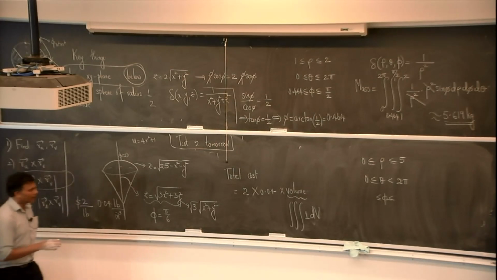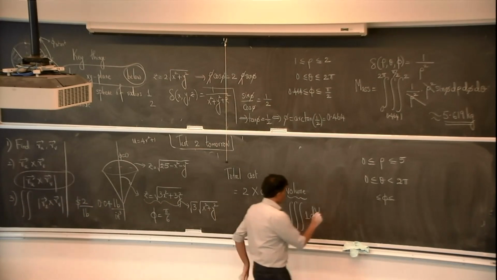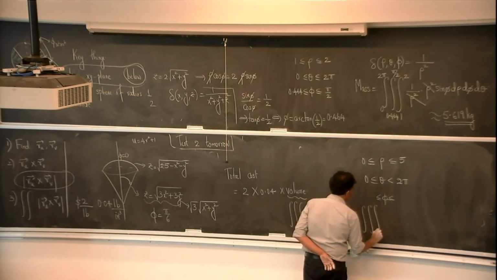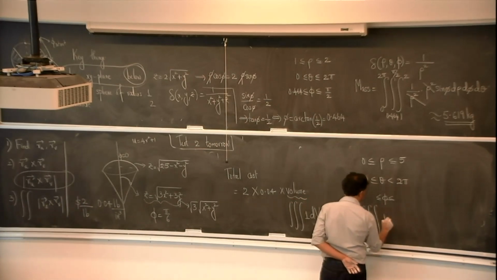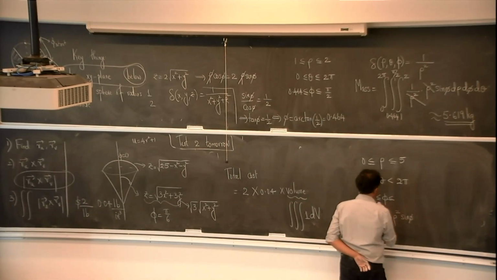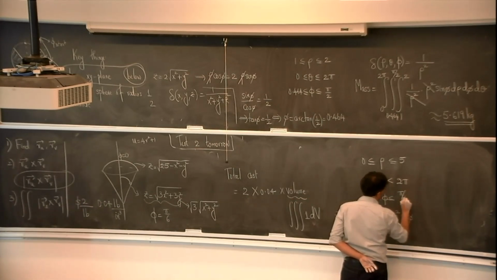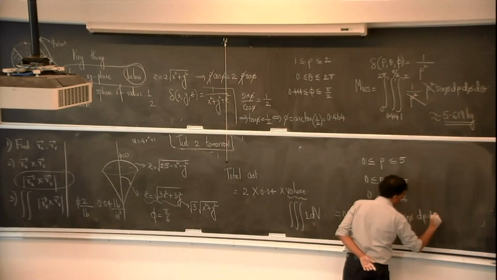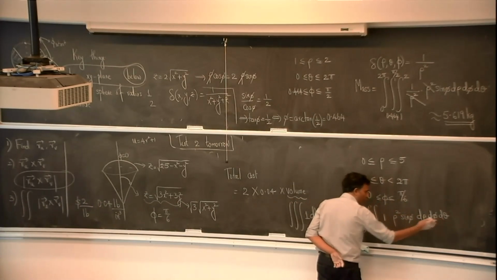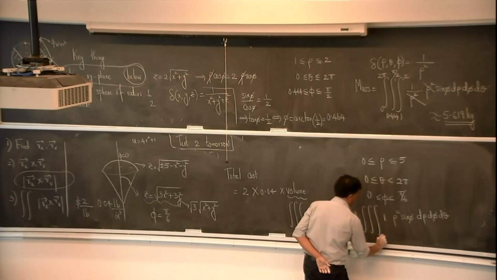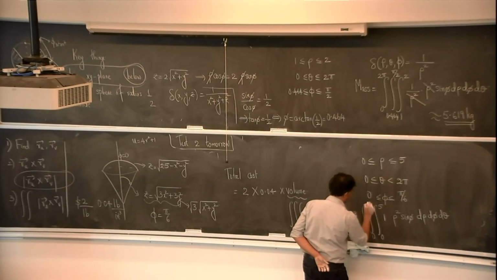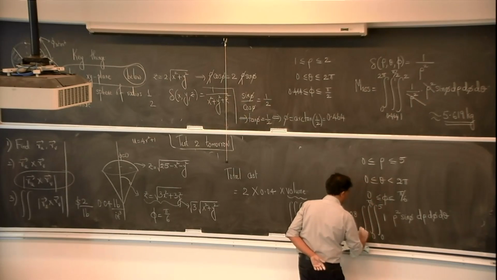All right, so the total cost would be 0.08 times the triple integral of 1 rho squared sine phi d rho d phi d theta. And since I kept this order of variables, your rho goes from 0 to 5, phi goes from 0 to pi over 6, and theta goes from 0 to 2 pi.